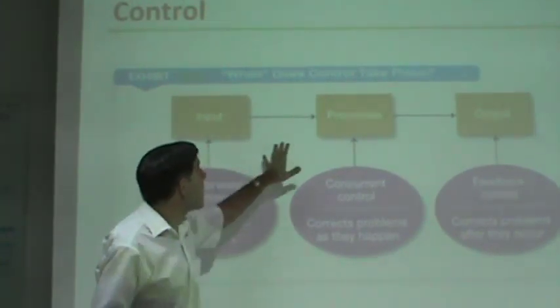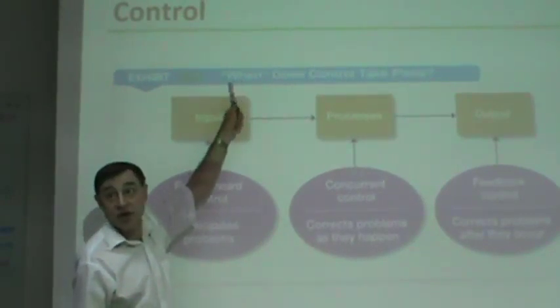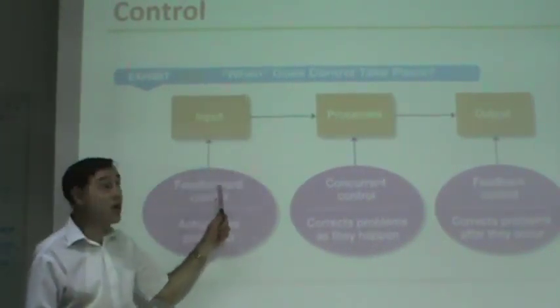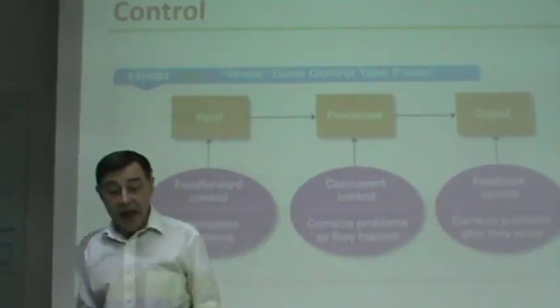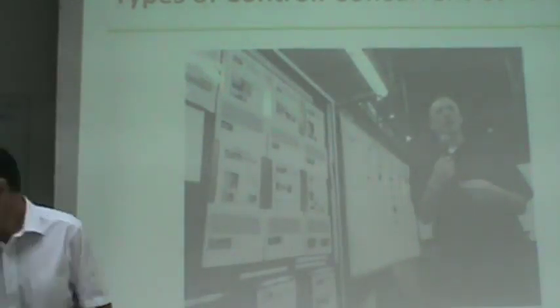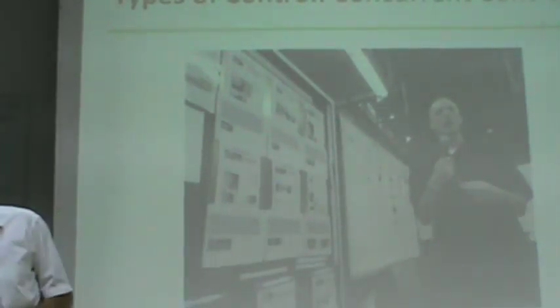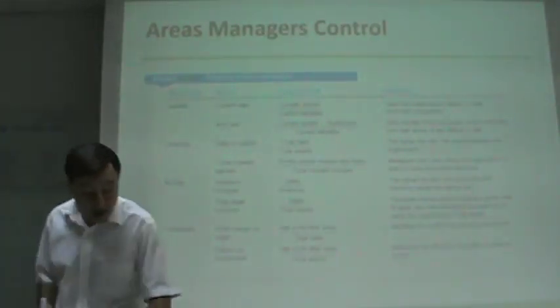Like we need to fix the problem with attendance, which will be for next semester. And this covers the topic of when. The key word here is when: before the problem, during the problem, after the problem. All right? And now we need to focus on what. Okay, types of control, the concurrent control, okay, the feedback control, and areas.